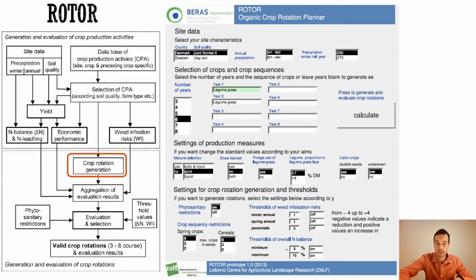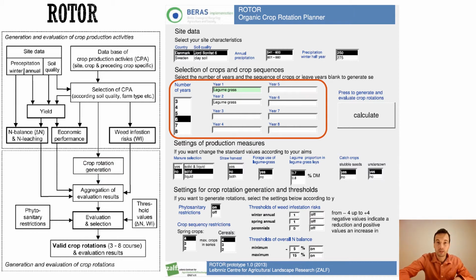The rotation scheme is assembled by matching nutrient inputs and outputs of different crop production activities according to farm type, such as a cash crop farm with legume grass used as set aside, no manuring, no straw harvest, or a mixed farm with legume grass forage production, and according to soil quality. It normally starts composing rotation schemes with legume grass as a main crop.